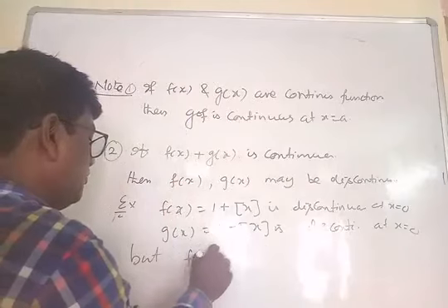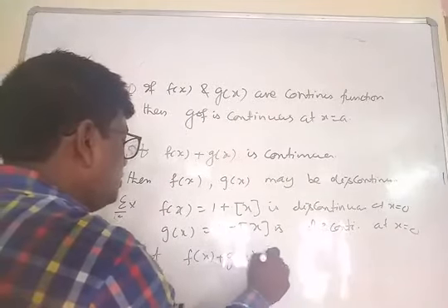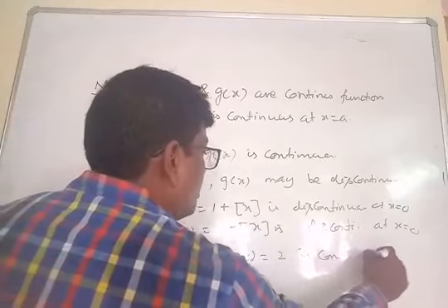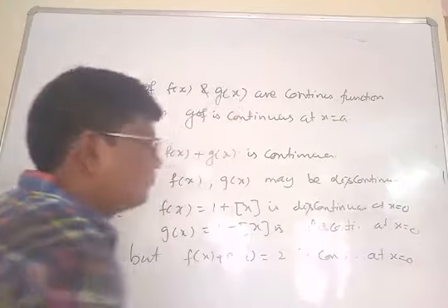But f of x plus g of x is equal to 2 is continuous at x is equal to 0. Right.